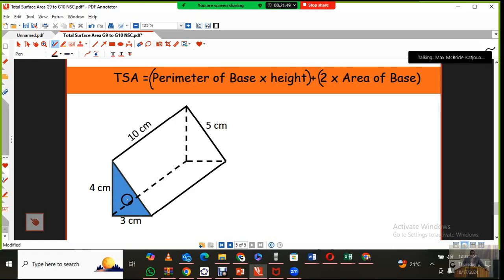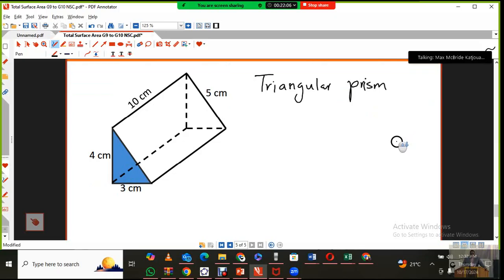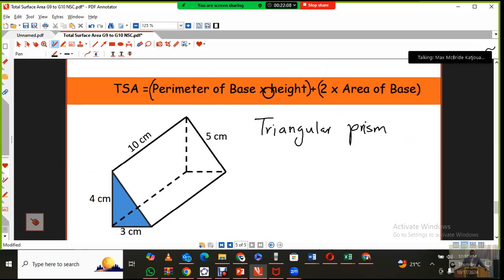What is the name of that shape? It's a triangular prism. Are we together? So when we are saying the perimeter of the base, we are not talking about the rectangle. We are talking about that triangle. Are you with me?